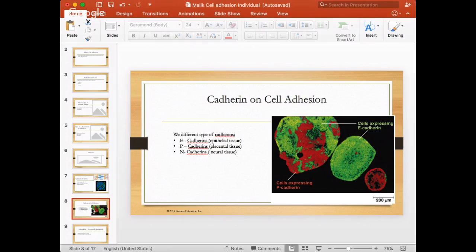Now, in this figure, you can see the effect of cadherins on cells. In the red, you will be able to see the P-cadherins. In the green section, you will see the E-cadherins expressing.